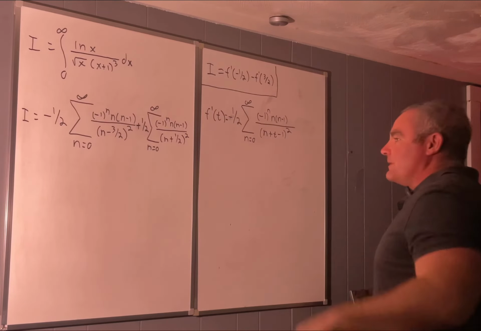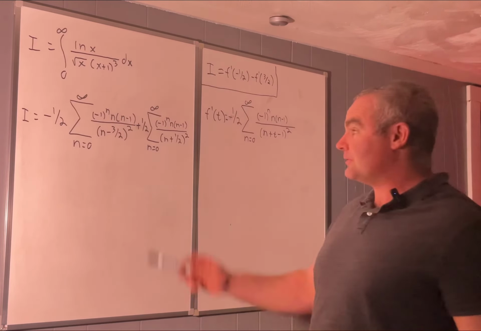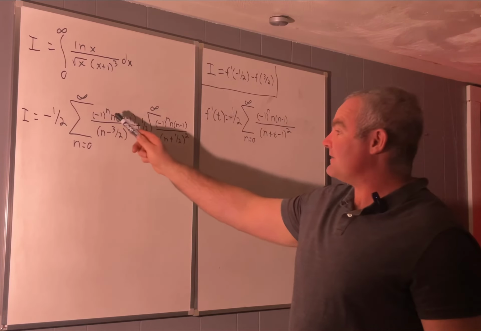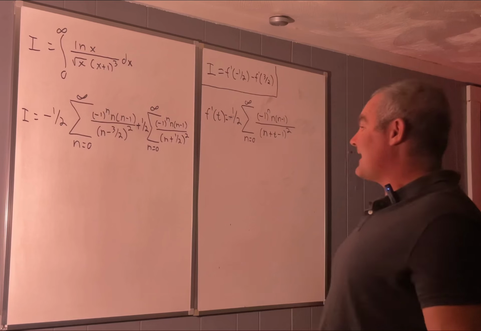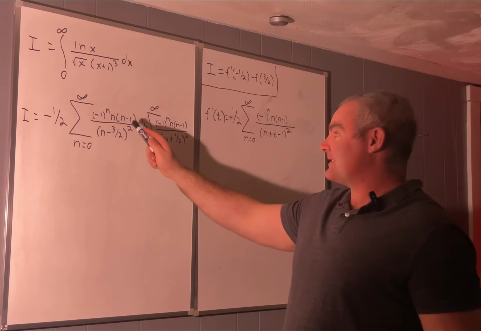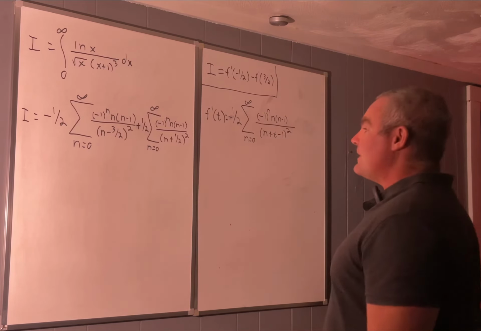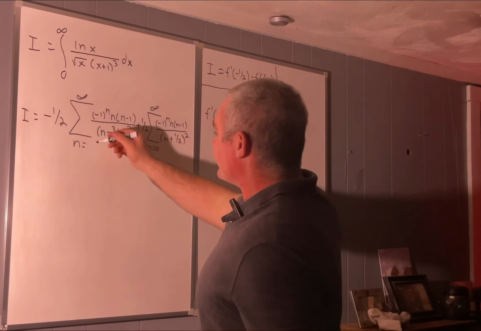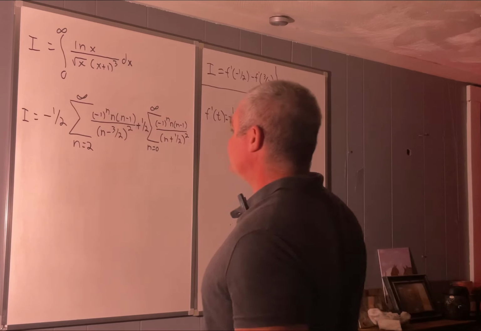Notice that we don't need the first two terms of this. The first term would evaluate to 0 due to this n, and the second term would evaluate to 0 due to this n minus 1. So we can actually start this at n equals 2. Right?